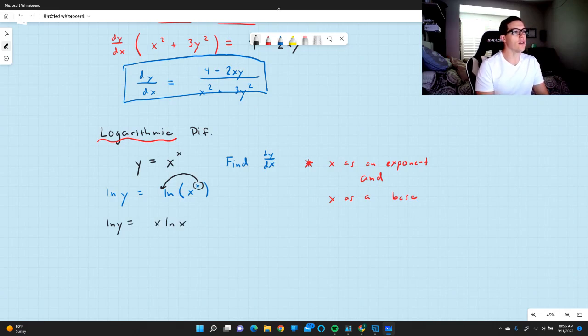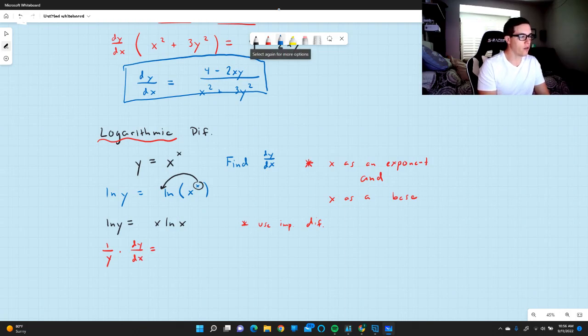We got rid of the x in the exponent, which was a key goal, because now all we have to do is use implicit differentiation. And we can find the derivative. So let's do implicit differentiation. The derivative of natural log y is 1 over y times dy dx, because we took the derivative of a y term, equals, take the derivative of this side.